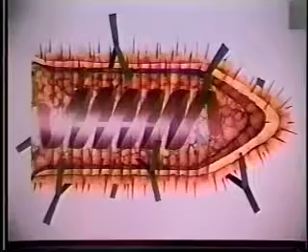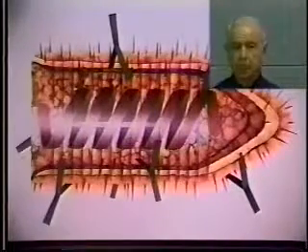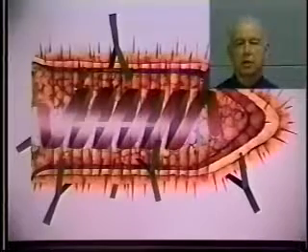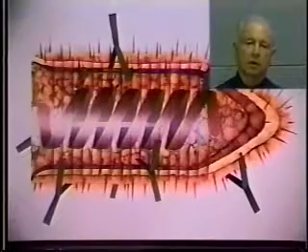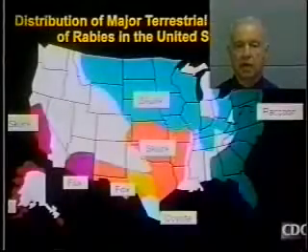This is caused by a bullet-shaped virus, a rhabdovirus, that has certain antigenic qualities for which we can develop monoclonal antibodies that are useful in determining the source of the rabies in the animal that is being examined.